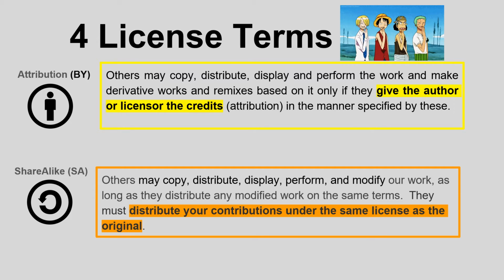But I don't want to say that a CC license forfeits copyright, but rather it is a conditional permission to use the copyrighted work. So basically, there are 4 license terms, which means the conditions involved in a CC license, which set out what users of the work can and cannot do with it.